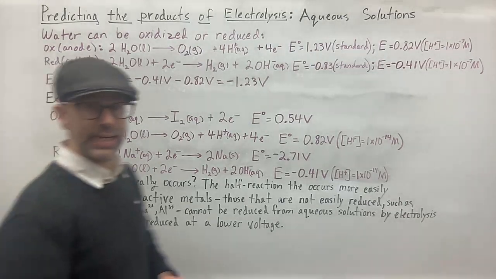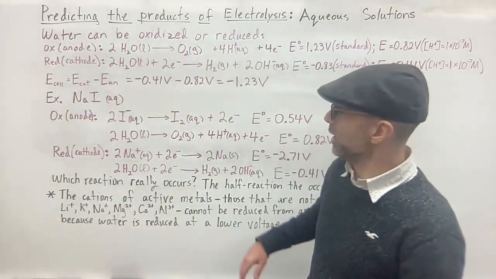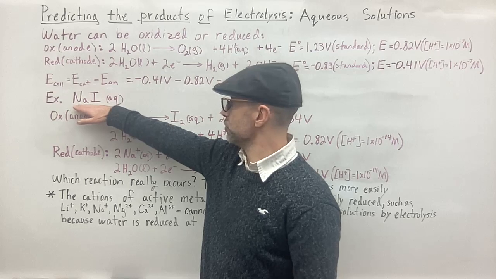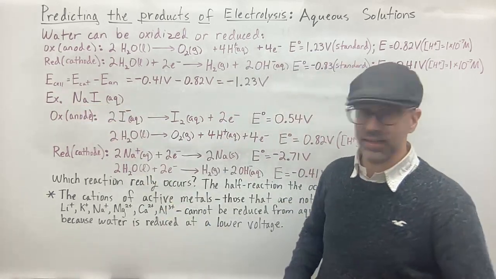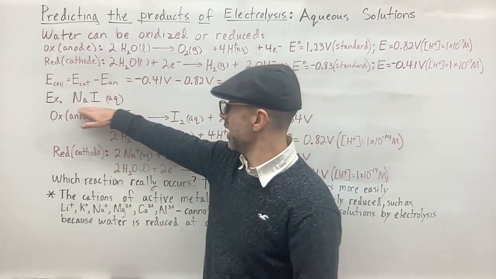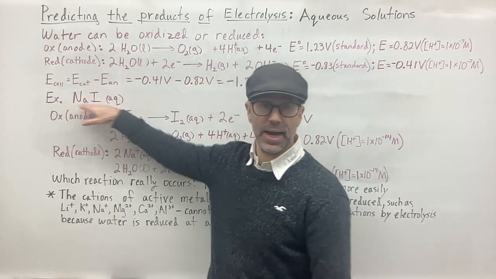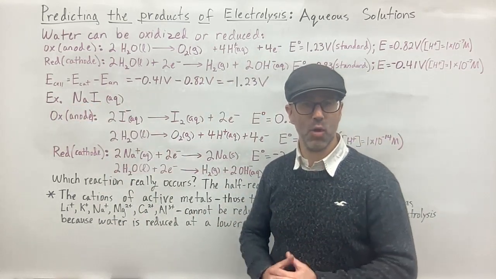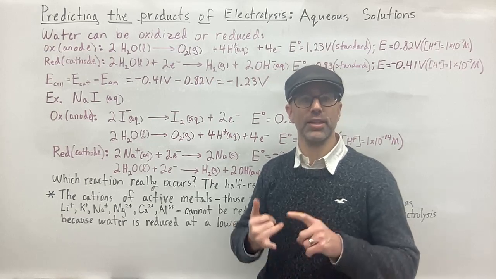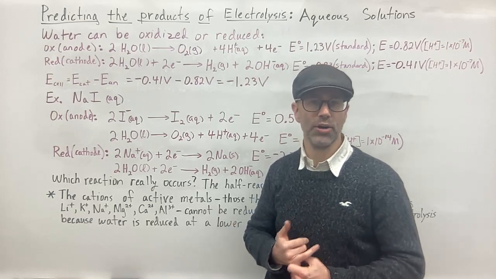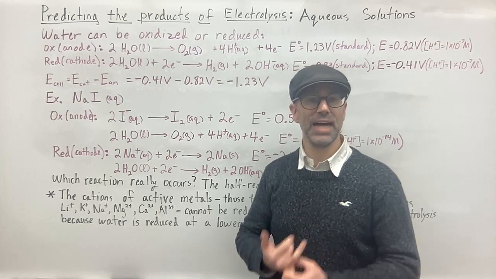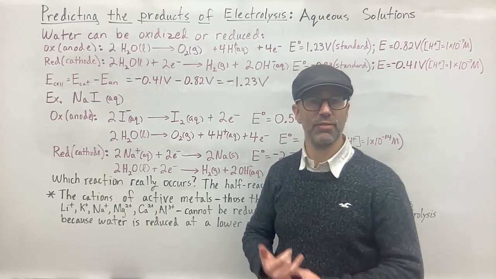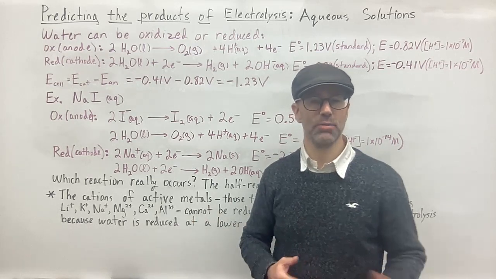Okay, so let's look at an example. So here I have an aqueous solution of sodium iodide. I have sodium ions and iodide ions in solution, but along with that, I have water. So we have to look at the oxidation and reduction of water at both electrodes in competition with that of the iodide ion and the sodium ion.